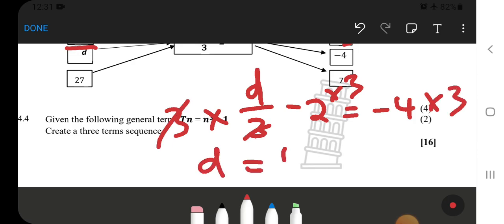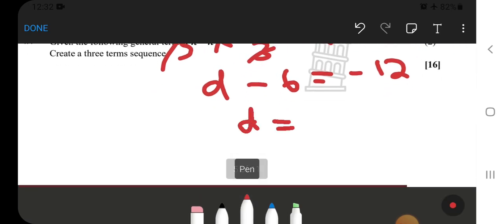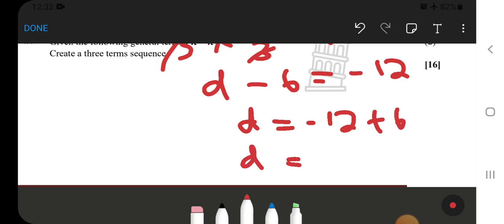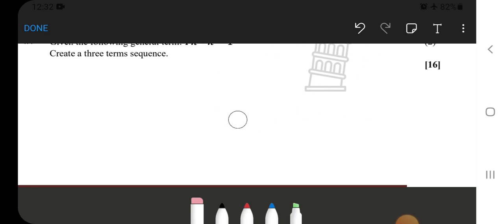D minus 6 equals negative 4 times 3, which is negative 12. And then here we'll say D equals negative 12 plus 6, and that will give us negative 6. It's D.